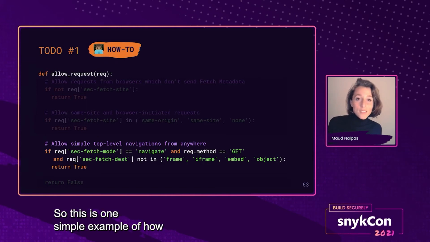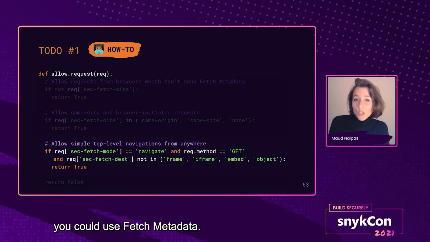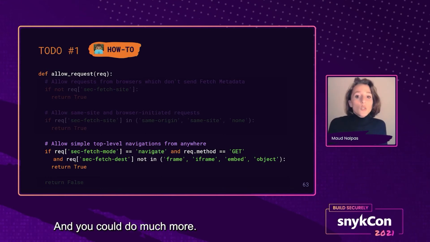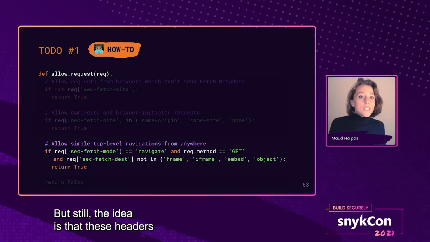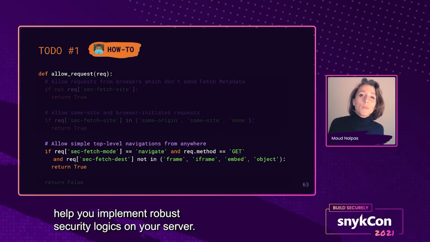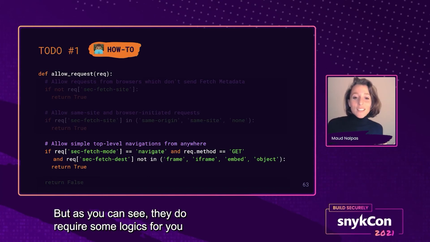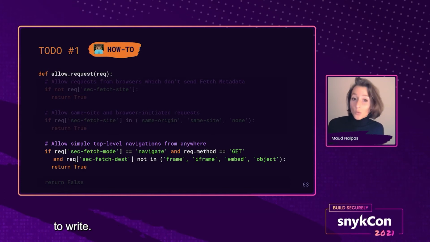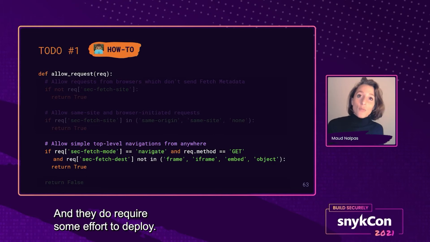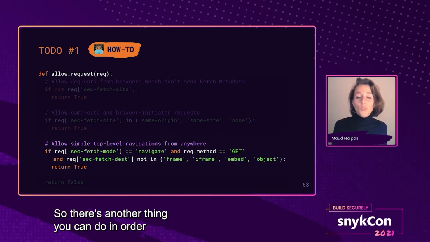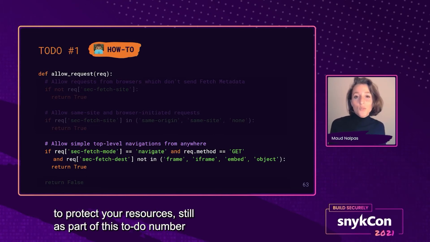So this is one simple example of how you could use Fetch Metadata, and you could do much more. But still, the idea is that these headers help you implement robust security logic on your server. But as you can see, they do require some logic for you to write, and they do require some effort to deploy.